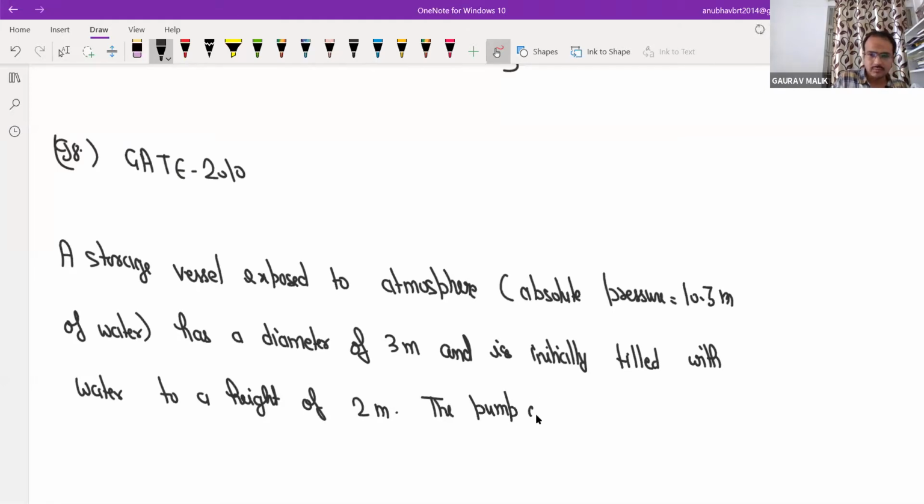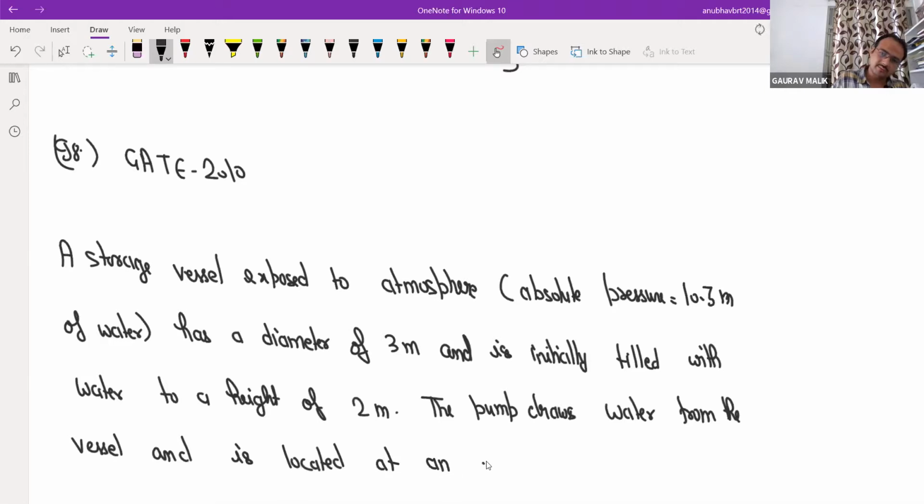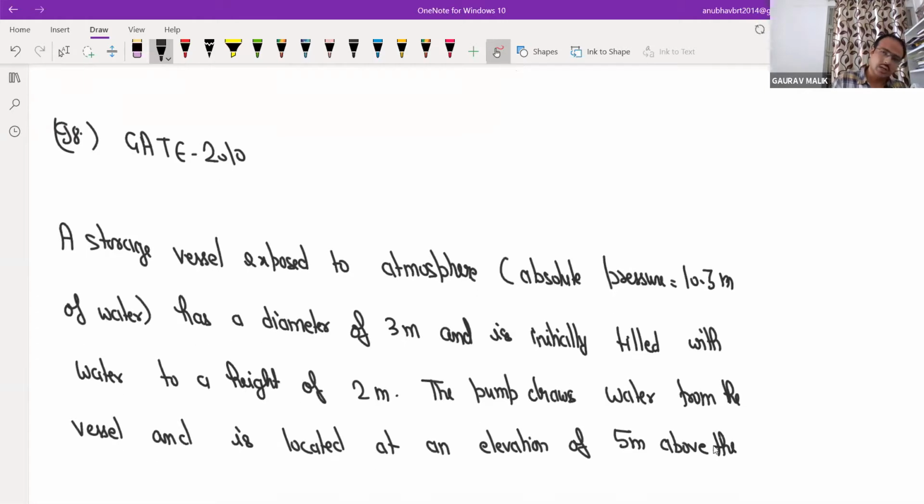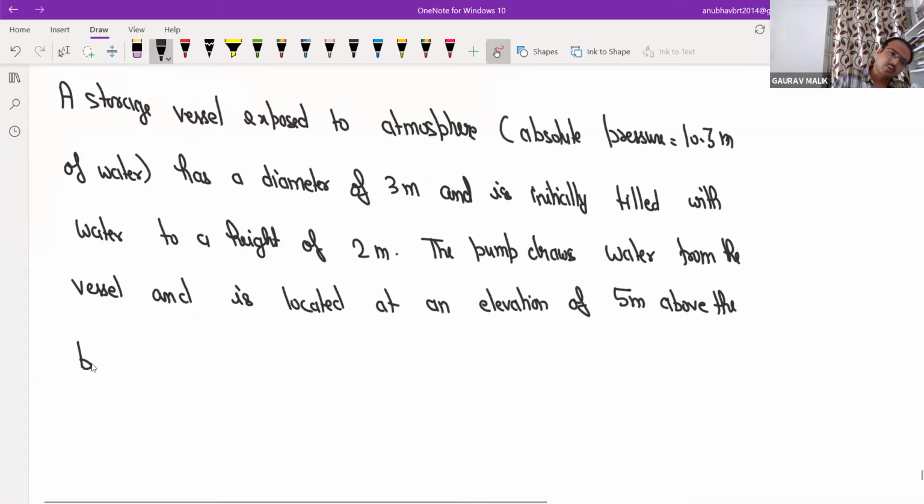The pump draws water from the vessel and is located at an elevation of 5 meters above the bottom of the vessel.